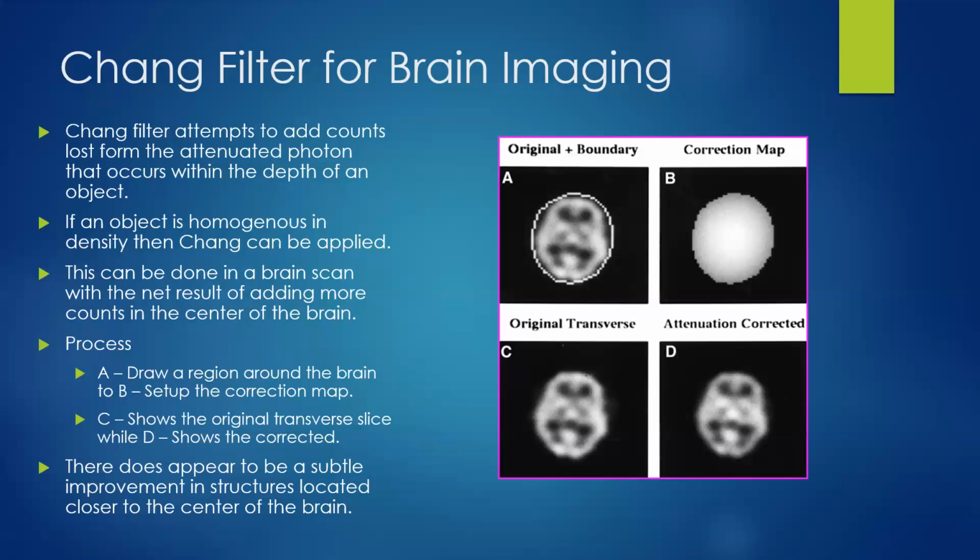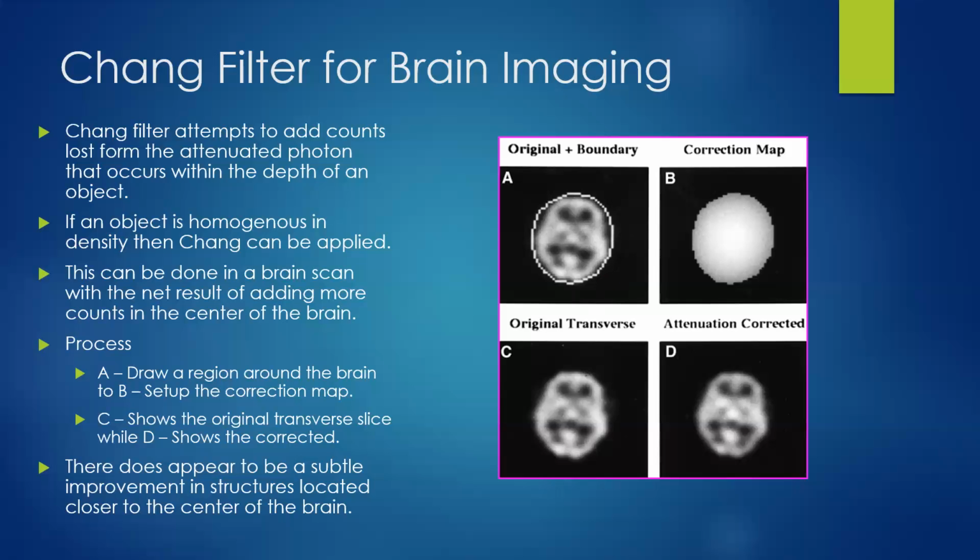Well, first, another thought is, why do we apply Chang? Another reason I apply Chang is that in this object, activity is lost in the center because of the Compton scatter and photoelectric effect going on as these photons try to leave the brain and hit our gamma camera to collect that scintillation. Well, the deeper that photon is within the brain, the fewer get out.